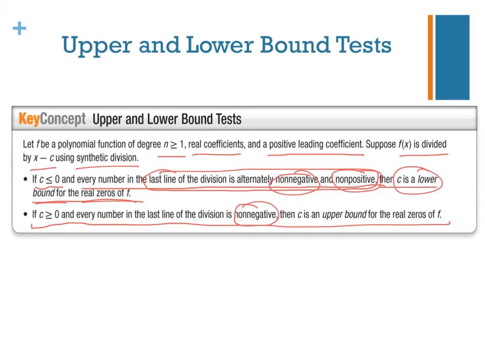Again, non-negative includes 0, so it could be 0 or any positive number. The word non-negative means not negative. Then c, the divisor, is an upper bound for the real zeros of f. Now we'll discuss this concept of lower bound and upper bound some more in the examples.